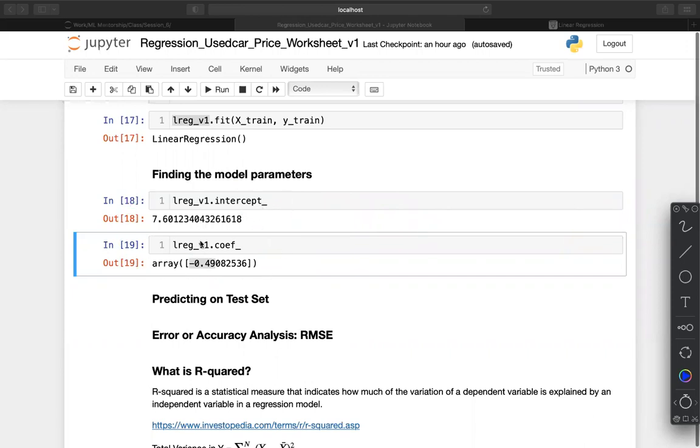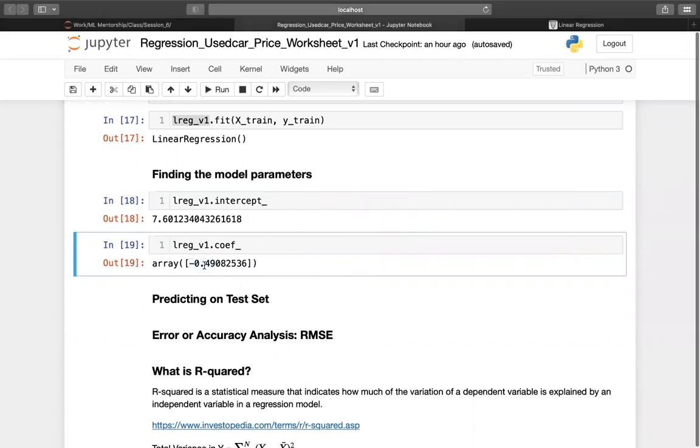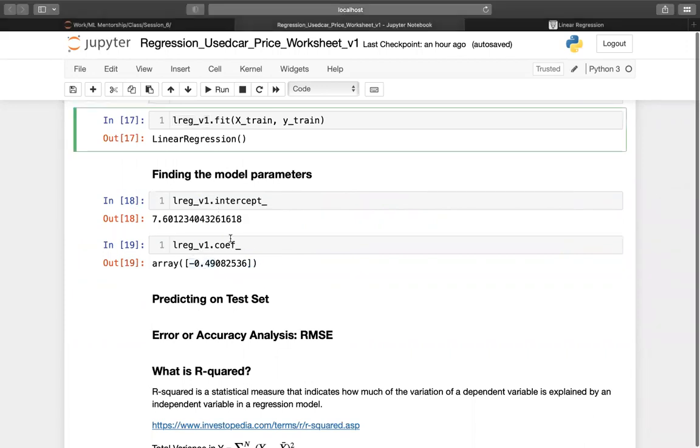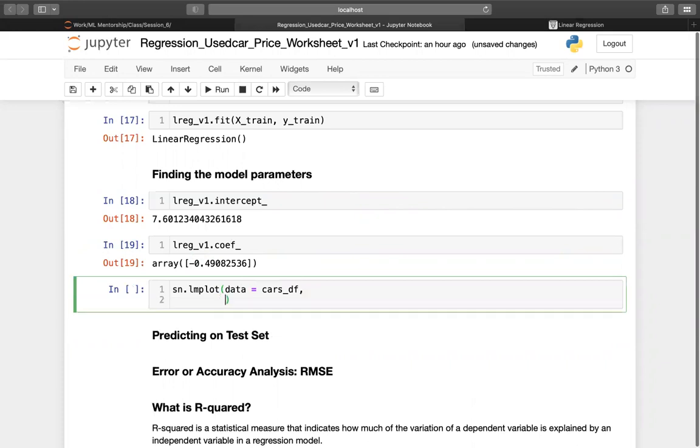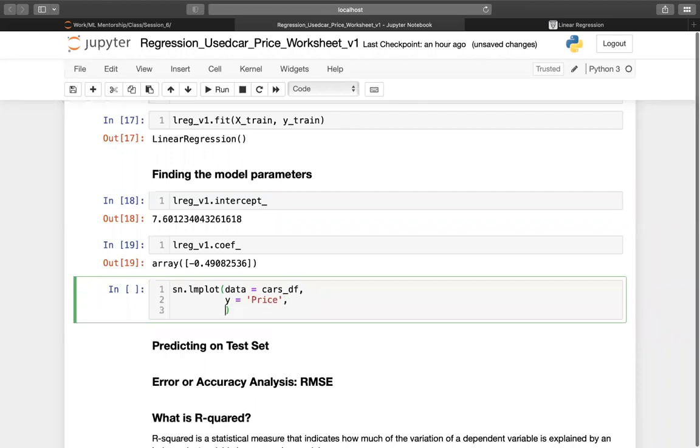So this is basically the model, and this is your slope. If you go back and look at our lmplots, we can also do something like sns.lmplot, just to depict that. So cars_df, y equal to price, x equal to age.